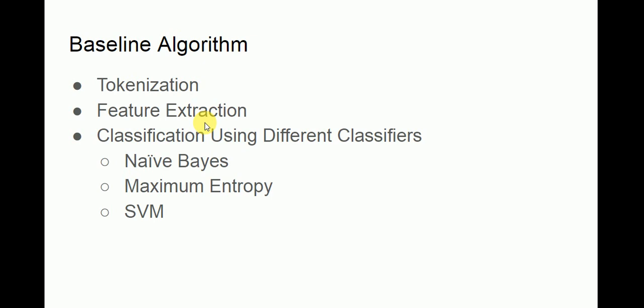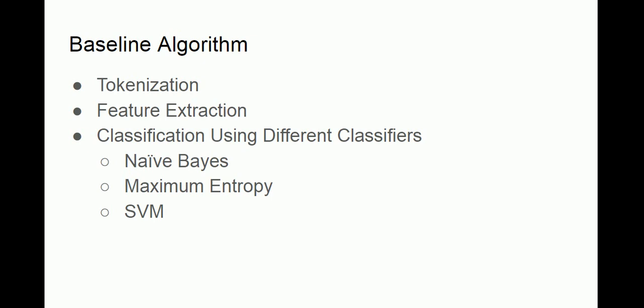After that, we classify text using different classifiers: Naive Bayes, maximum entropy, and SVM. We can run different classifiers and then see which one is working best for our case. Then we can use that classifier.